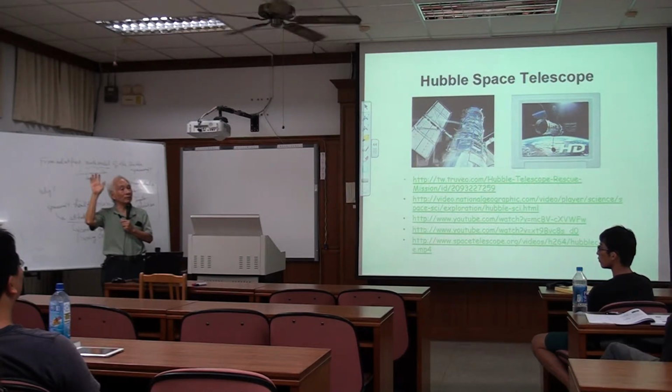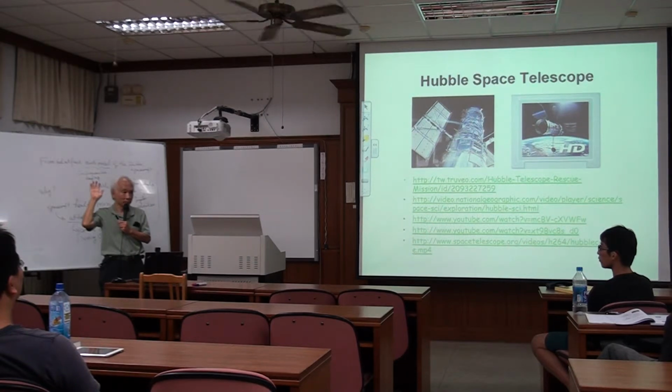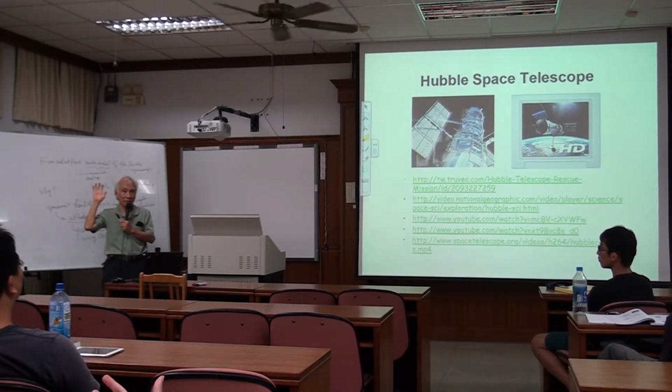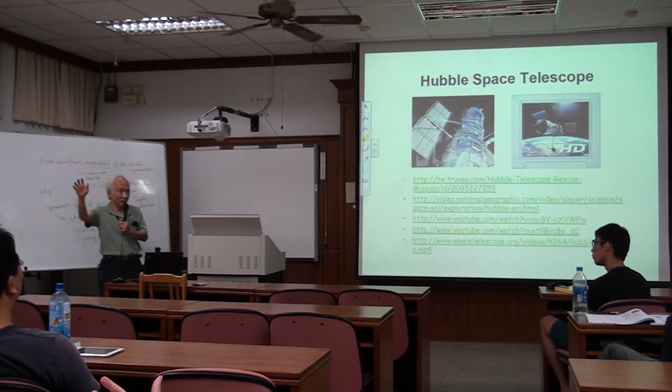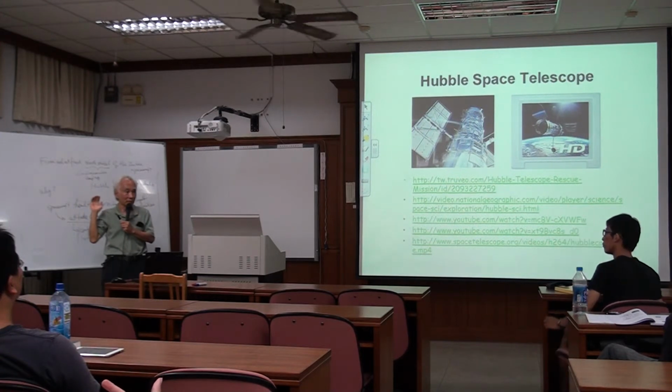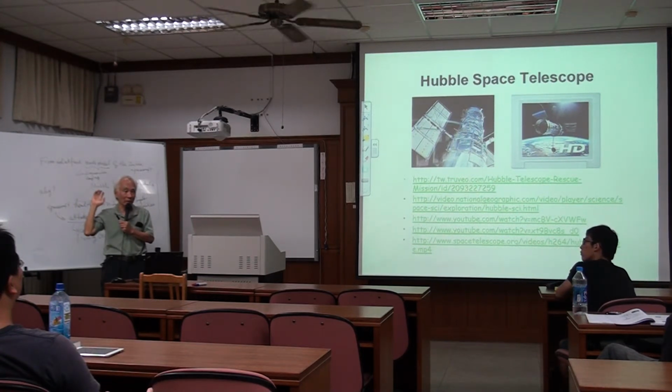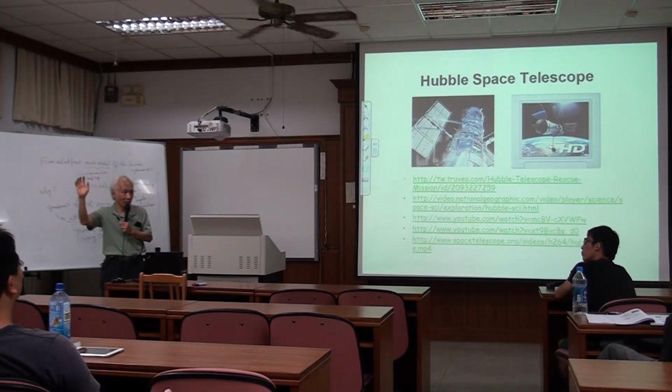Facing away from the sun it is very cold. If Hubble comes out from behind Earth to the front of Earth, then what happens? You go from very cold space to very hot space.